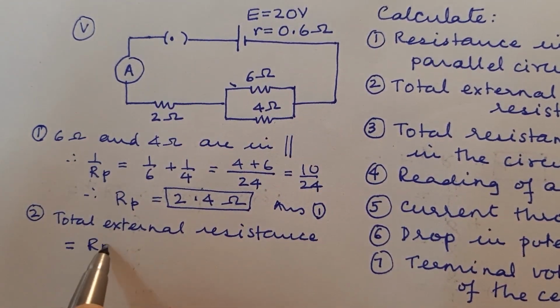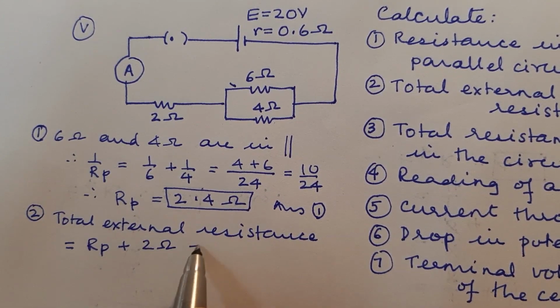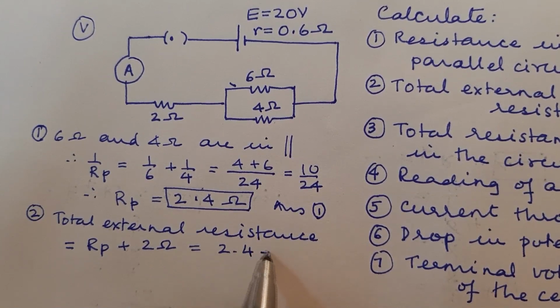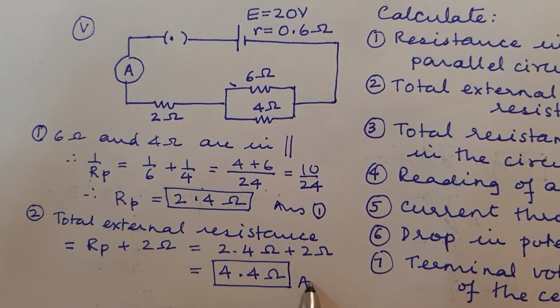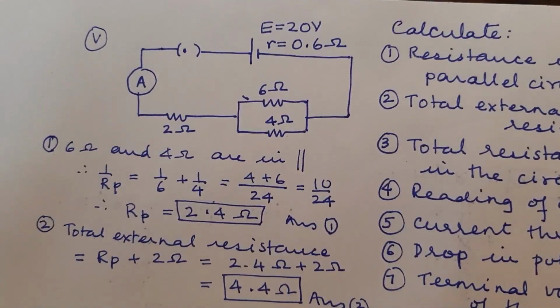So it will be Rp plus 2 ohm, which will be 2.4 ohm plus 2 ohm, which will be equal to 4.4 ohm. And that is our answer 2. The total resistance in the circuit.